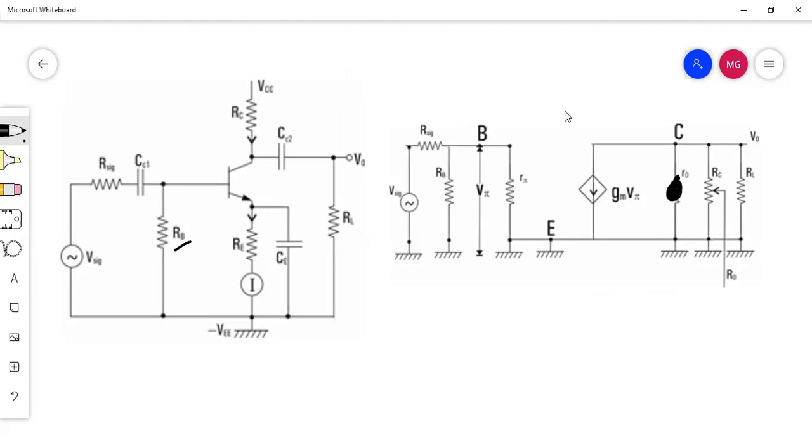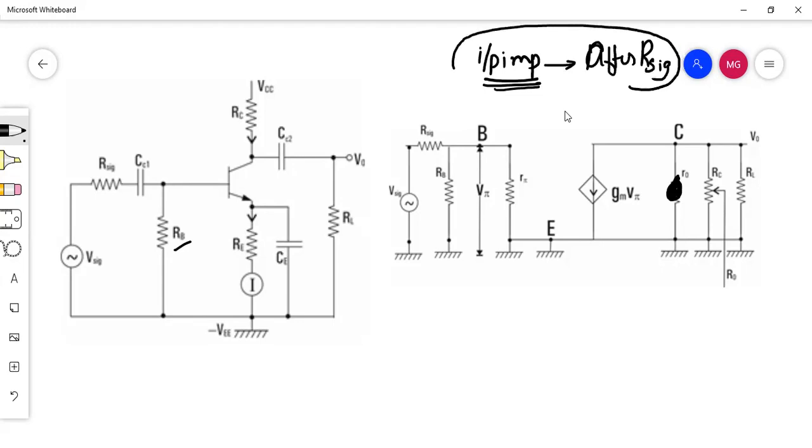First I need to calculate the input impedance. Please note this point. Input impedance is the resistance or the impedance that is calculated after the R signal resistor.